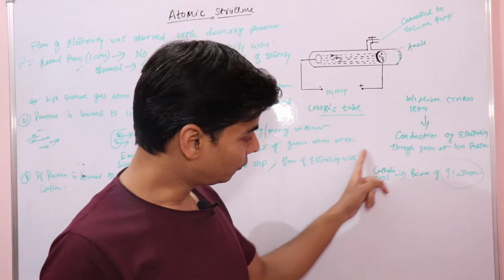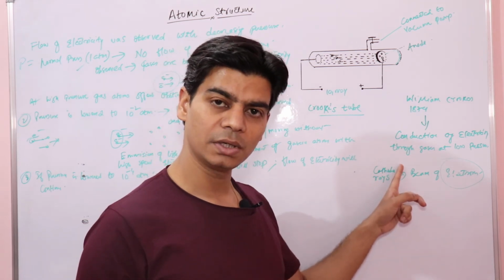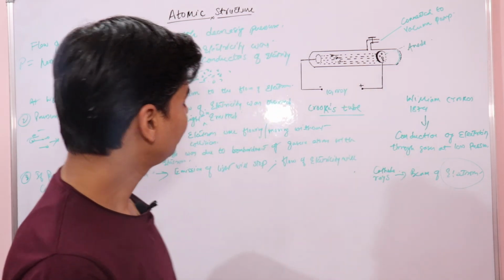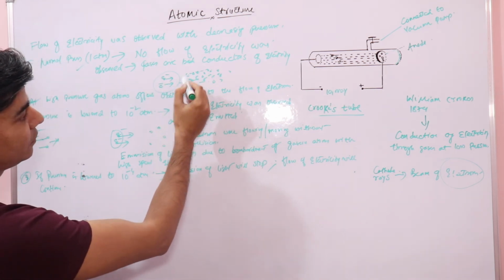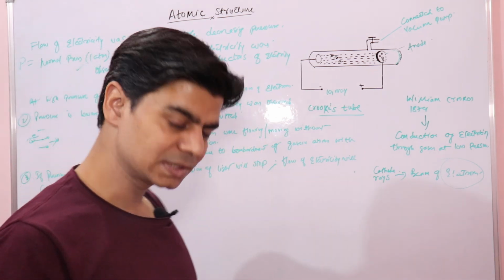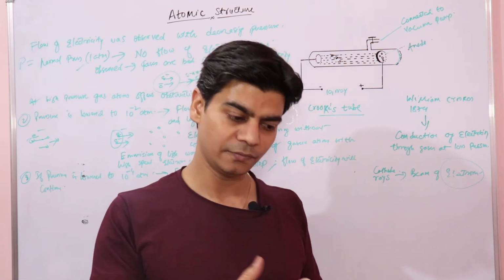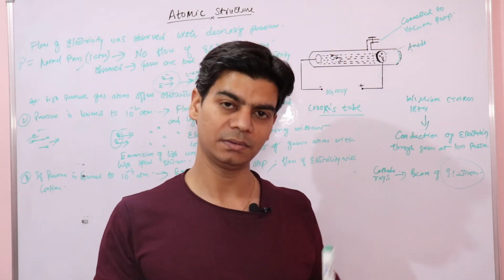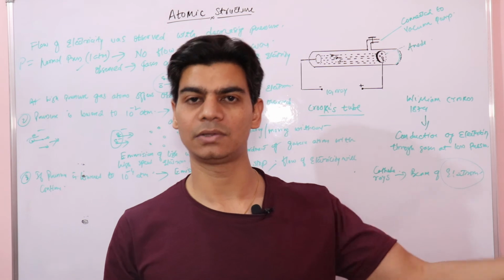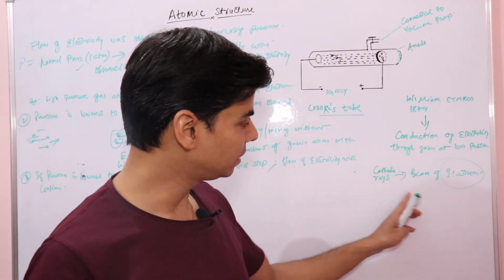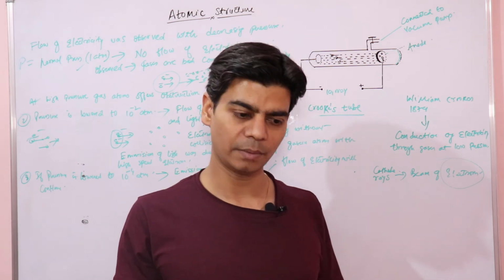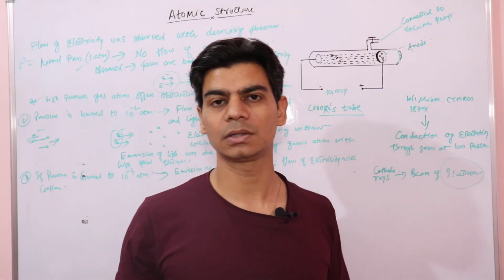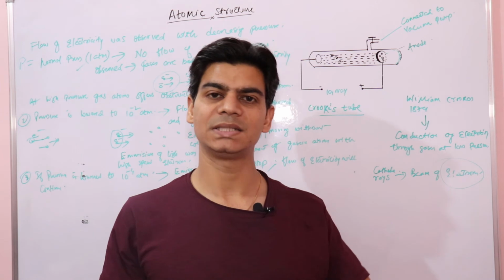And when these cathode rays or electrons collided with the gaseous atoms, they excited the gaseous atoms. When they excited the gaseous atoms, the gaseous atoms started emitting electrons, which are also this beam of electrons. So electrons come first from the material of the cathode and then from the gaseous atoms.